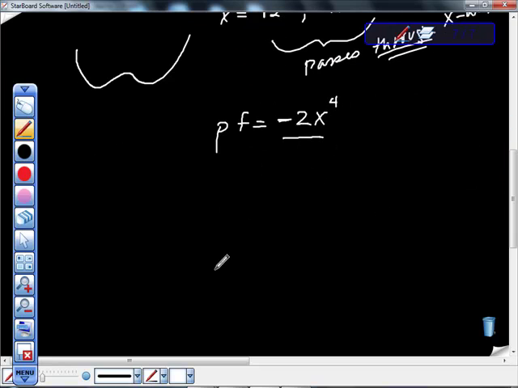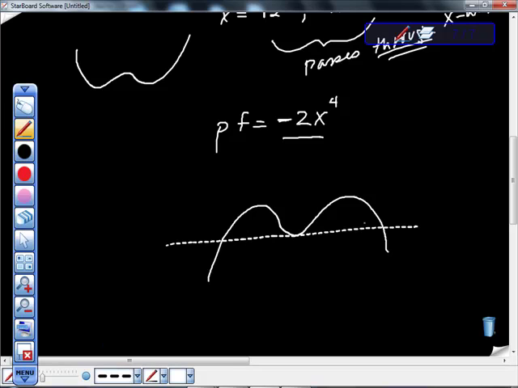So our function is going to look like this. And we can actually draw this out a little bit, right? Because we know that this is the point x is equal to 0, isn't it? This is the point x is equal to the opposite of the square root of 2, I'm sorry, square root 2, isn't it?